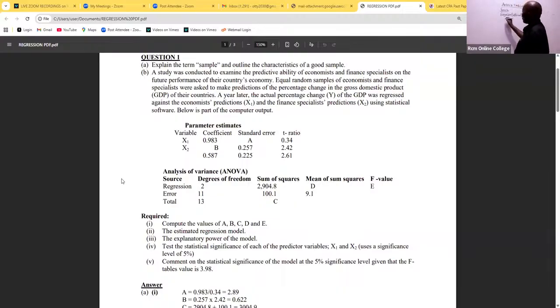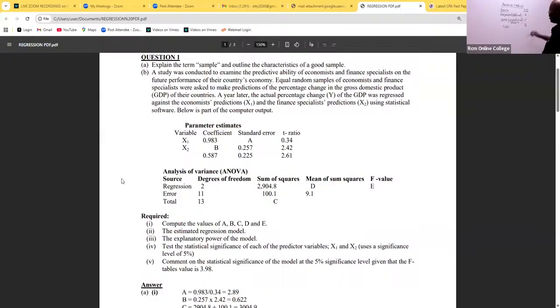And then we have the error source, which is what we also call unexplained variance. Then we have our totals here. And then we have degrees of freedom. The explained degrees of freedom are 2, 11, adding to 13.